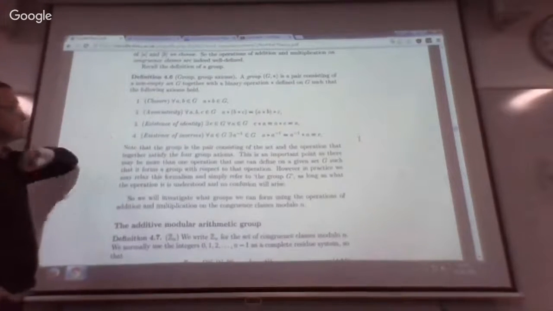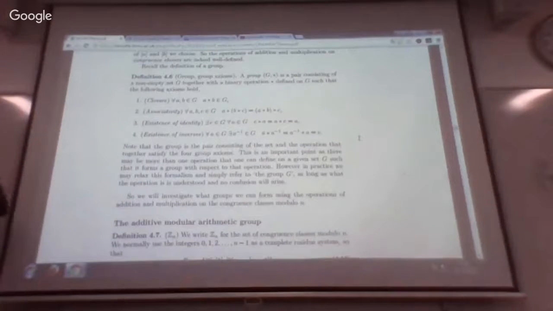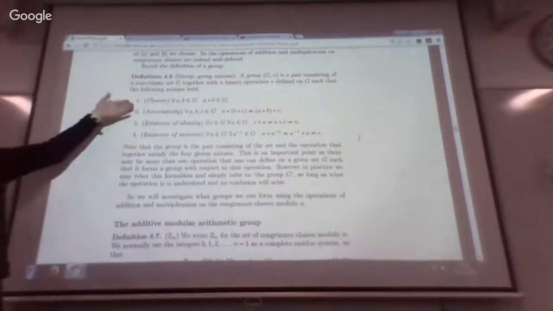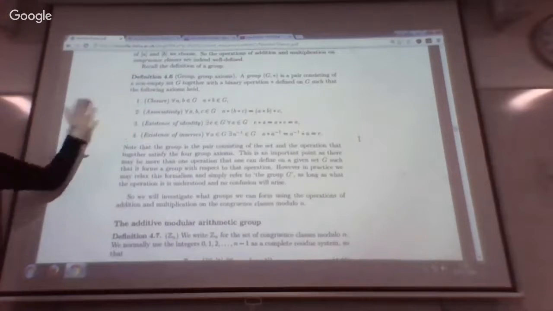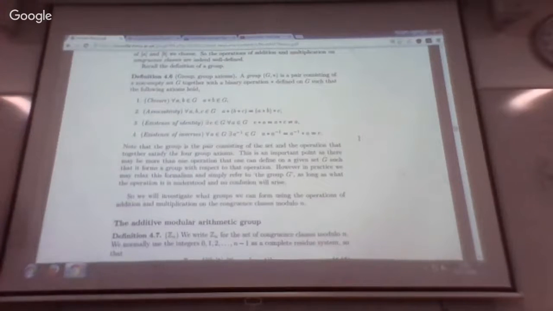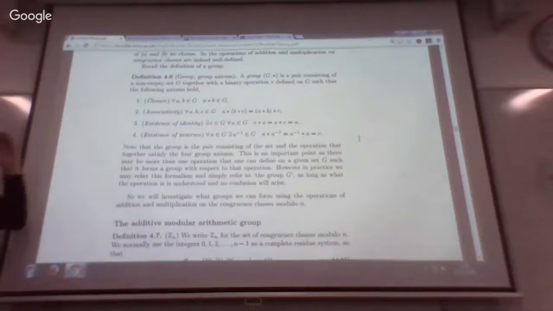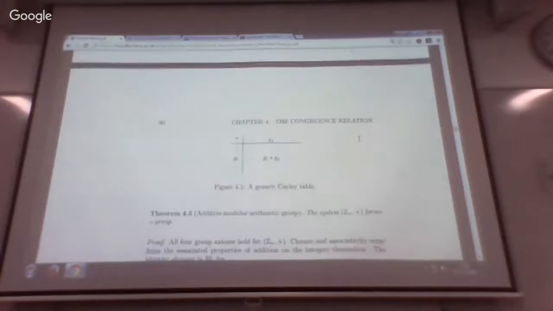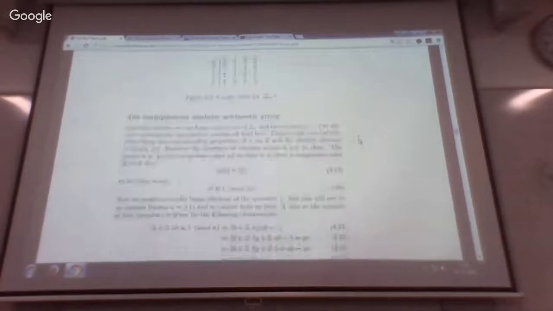The properties we're interested in are the four group properties. It's being closed, associative, existence of an inverse, and existence of an identity element. The identity element for multiplication, as always, and the same for multiplication modulo n, is the congruence class of 1. Okay? 1 is the identity for multiplication of numbers.